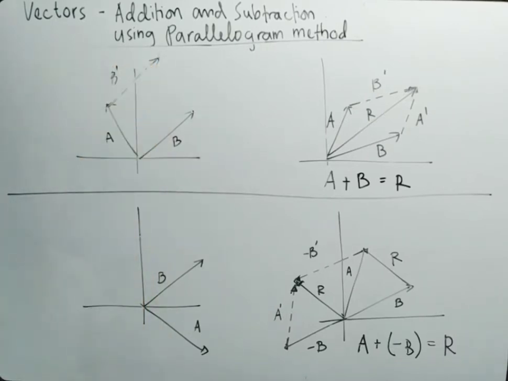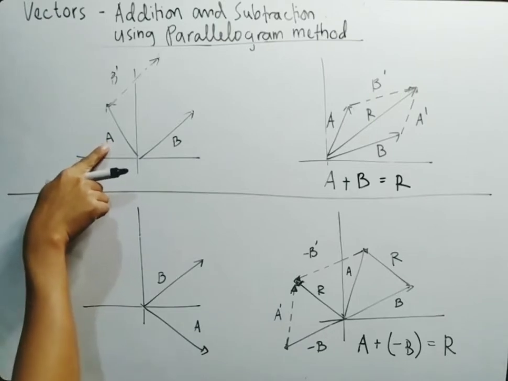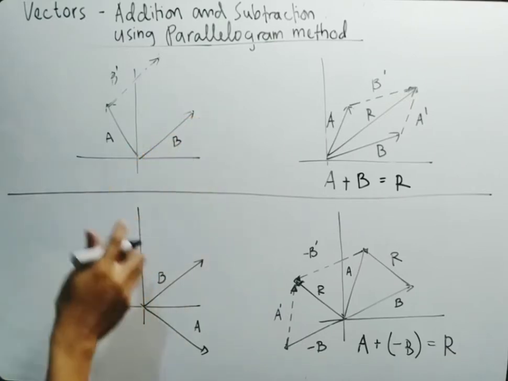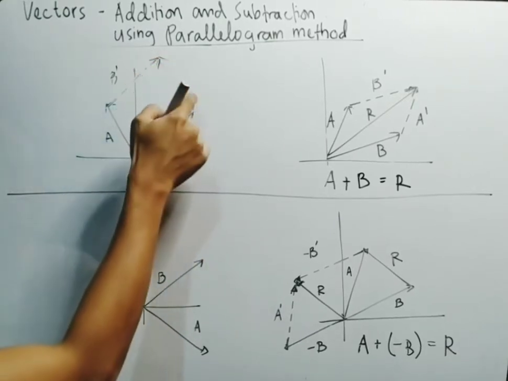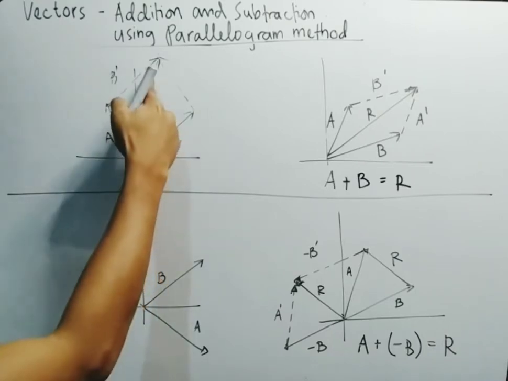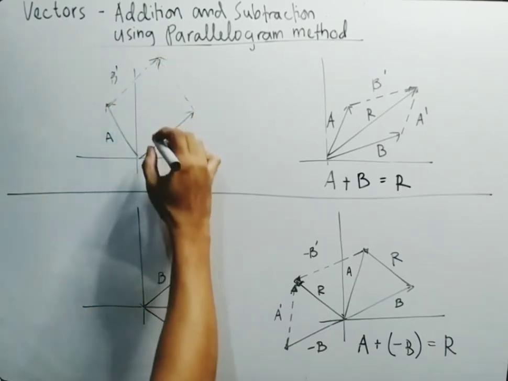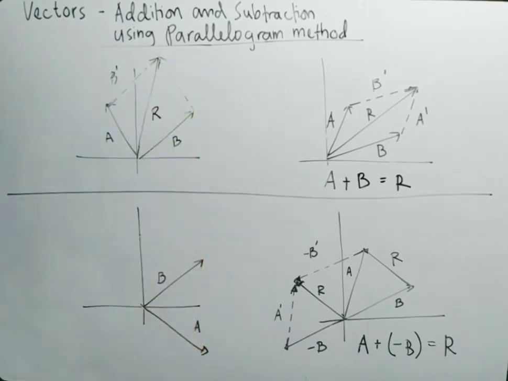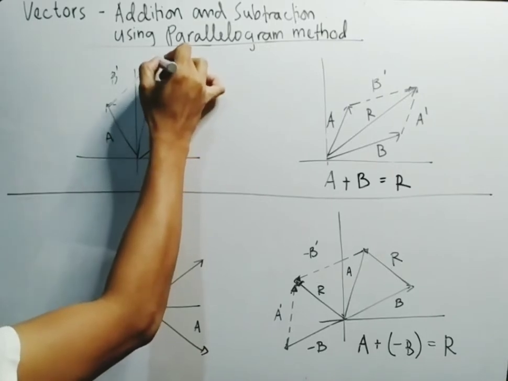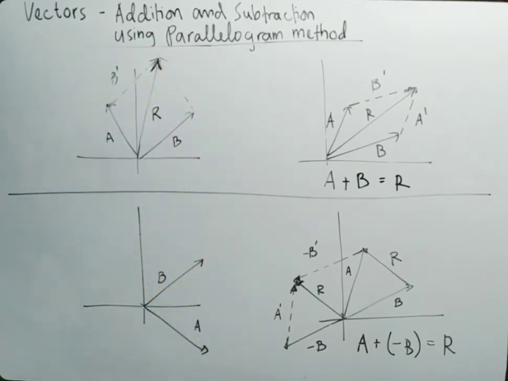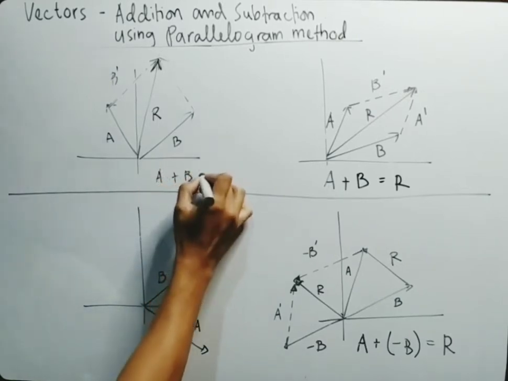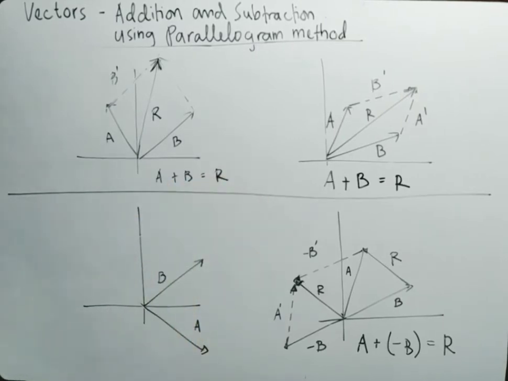And then next, a parallel line of A wherein the tail is located at the arrowhead of vector B. Okay, and then where they meet from the origin, that would be the vector R or the resultant vector. Of course, the direction is from the origin going to where the two prime vectors meet, and that is simply A plus B equals R. That is the parallelogram method in adding vectors.